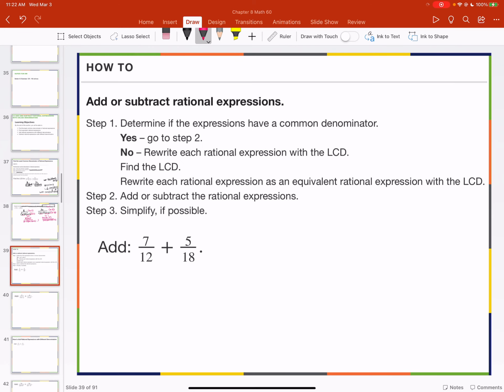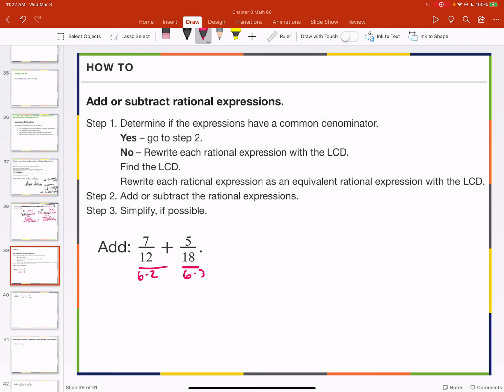To add and subtract rational expressions, we see if they have a common denominator. If yes, we go ahead and add and subtract. But if they don't, we need to figure out what that is. So 12 is 6 times 2, and 18 is 6 times 3. They both have a common factor of 6, but then you need to include the 3 and the 2.